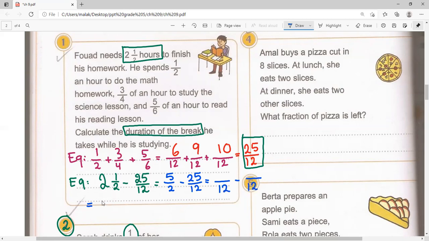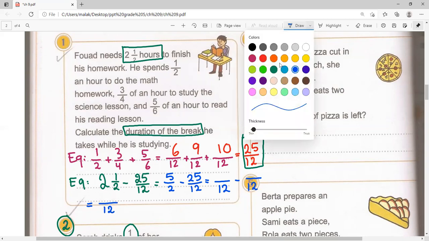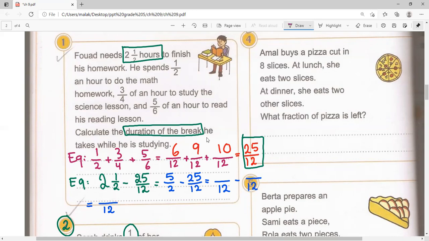Which number in table 2 gives us 12? 6. 5 times 6 equals 30. 30 minus 25 equals 5. So 5 over 12, exactly.